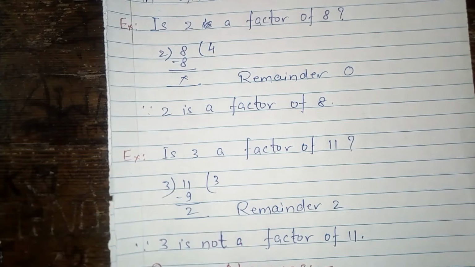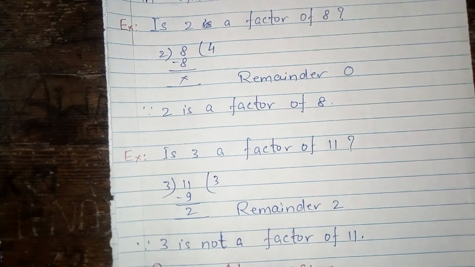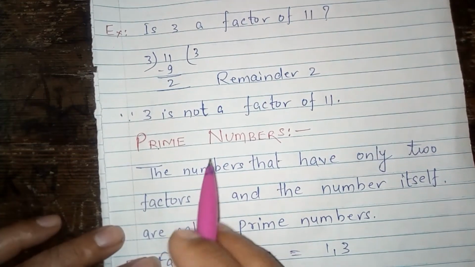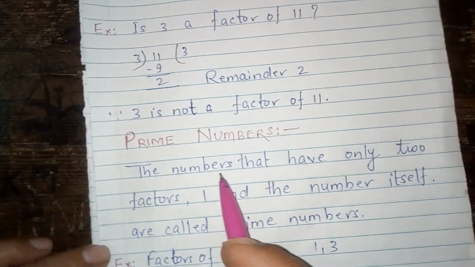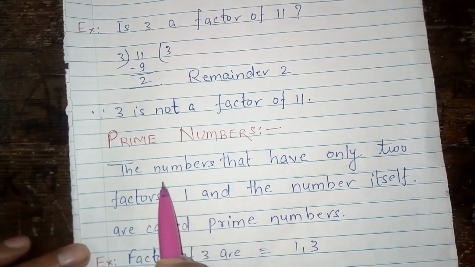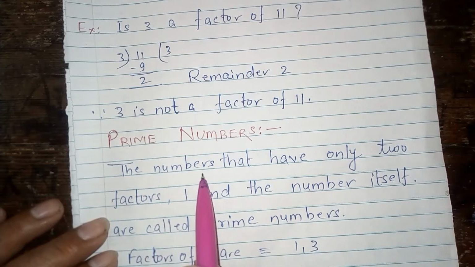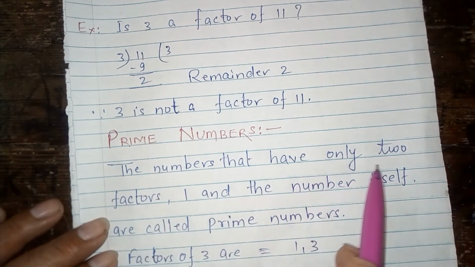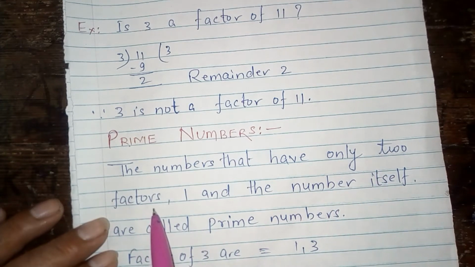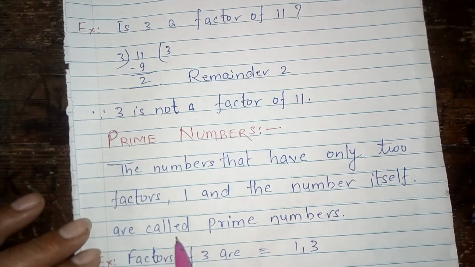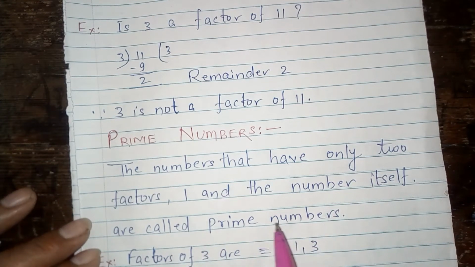Now let us discuss prime numbers. What is the meaning of prime numbers? As you know very well, the numbers that have only two factors, 1 and the number itself, are called prime numbers.